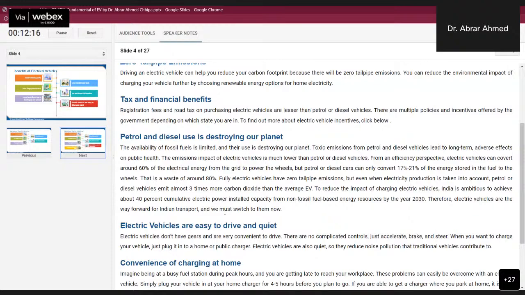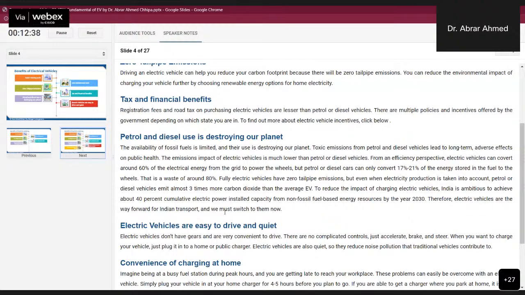Next, electrical vehicles are easy to drive and quiet. In conventional IC engine vehicles, we have different systems: clutch, brake, accelerator, and we need to make some combination to drive that vehicle.